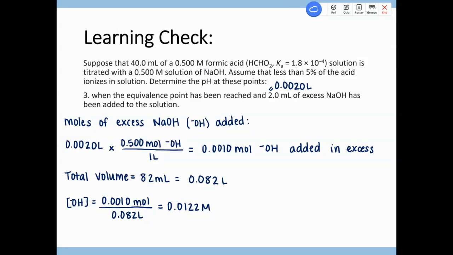Okay, so we're looking for pH. We've got the OH minus concentration, so we can calculate pOH: the negative log of the OH minus concentration.